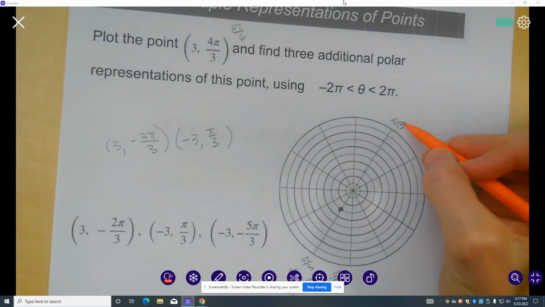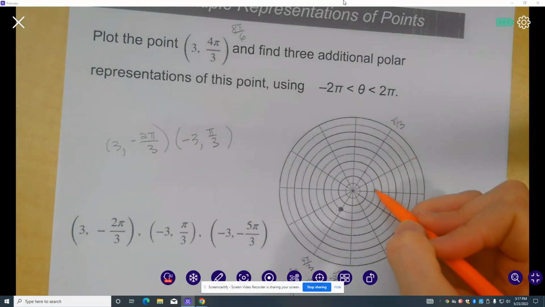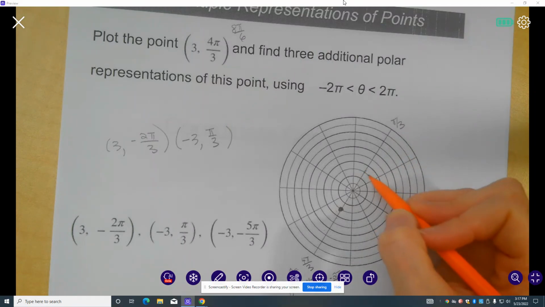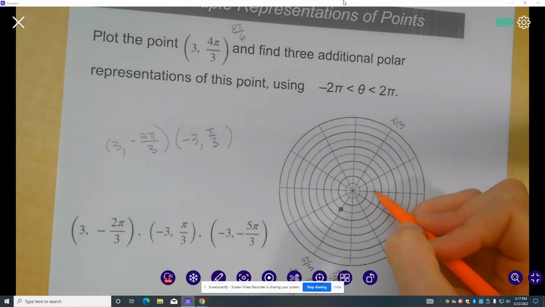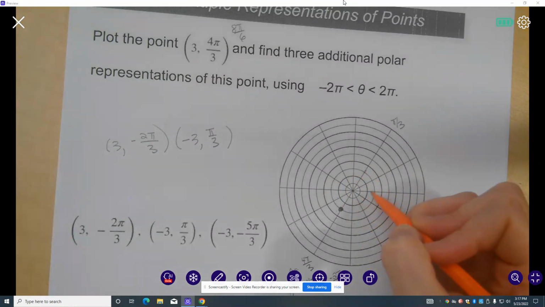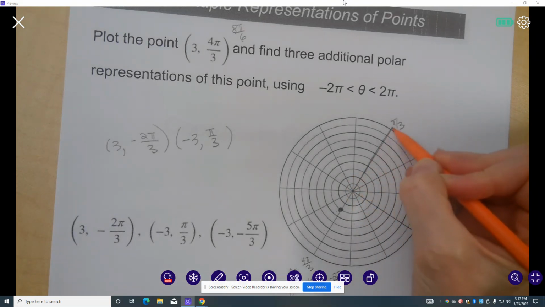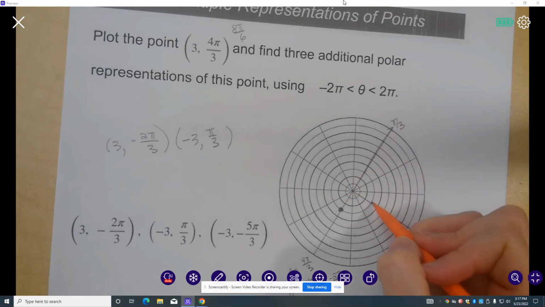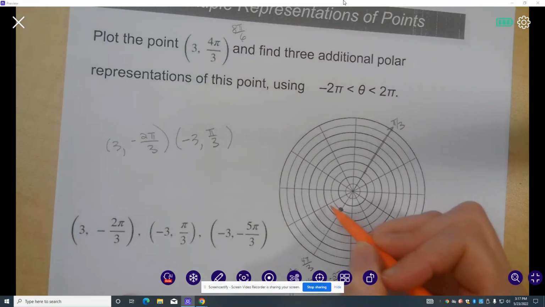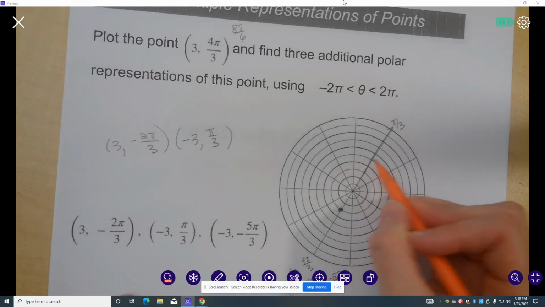Now think about other ways you can represent pi over 3. We just represented it as a positive angle. You could also represent pi over 3 as a negative angle. So you would go in the negative direction all the way around to this terminal side. So I would go negative 1 pi over 6, negative 2 pi over 6, negative 3, negative 4, negative 5, negative 6, negative 7, negative 8, negative 9, negative 10.